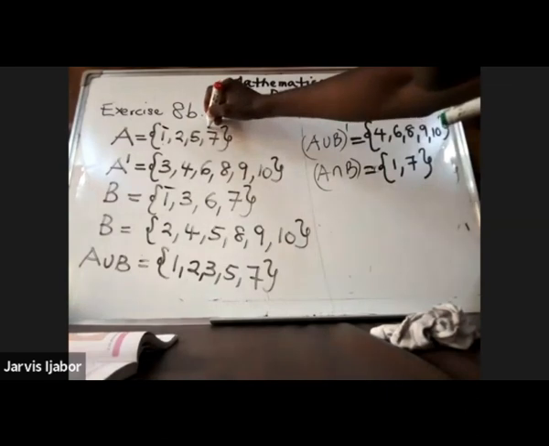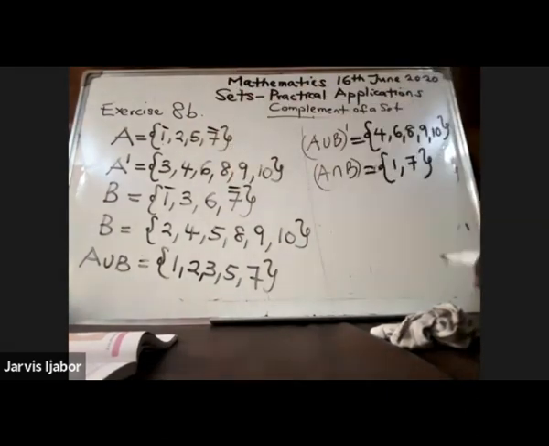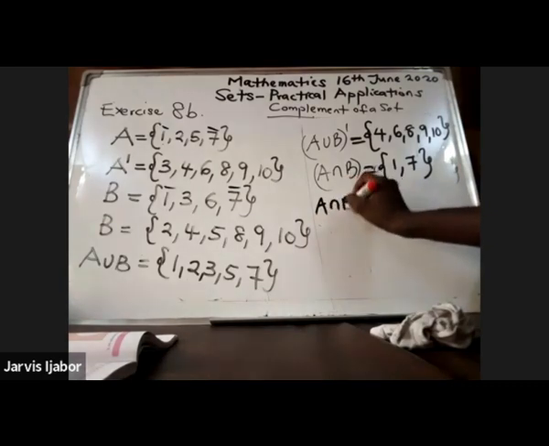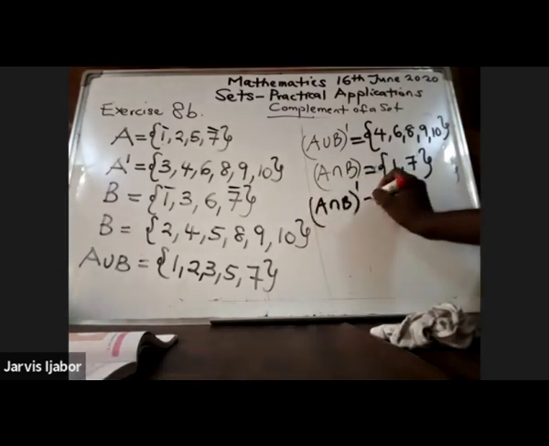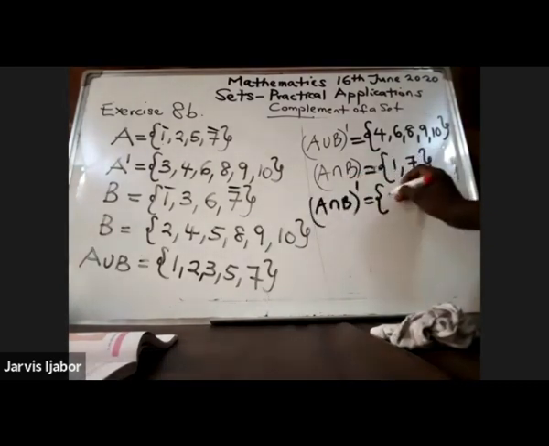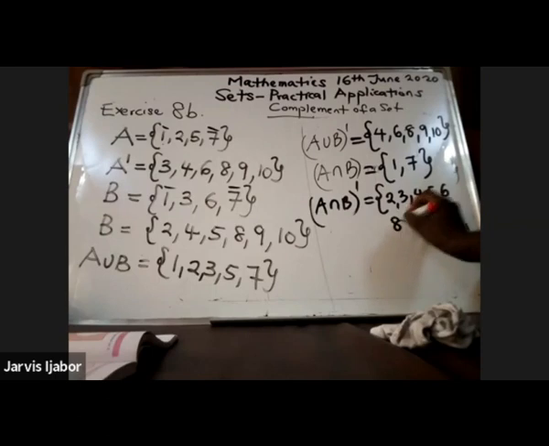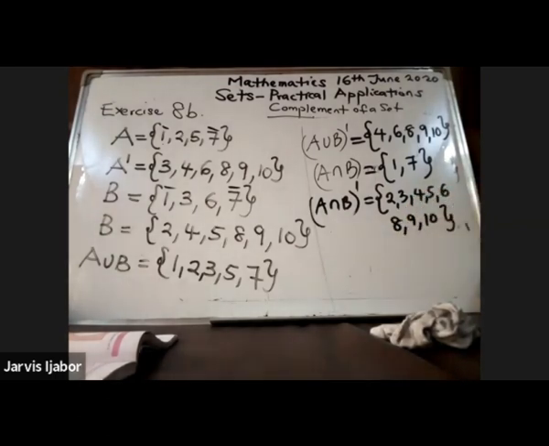So A intersection B prime will be the other 8 elements: 2, 3, 4, 5, 6, 8, 9, and 10.